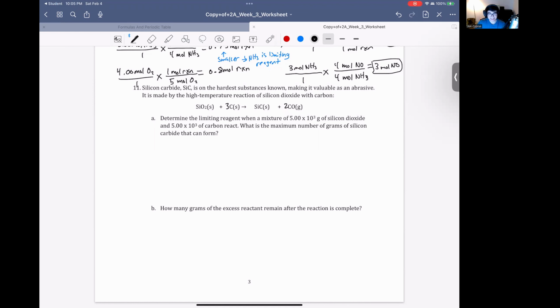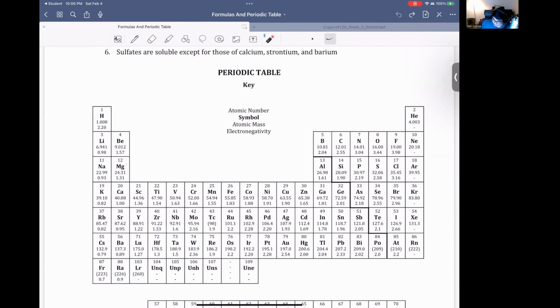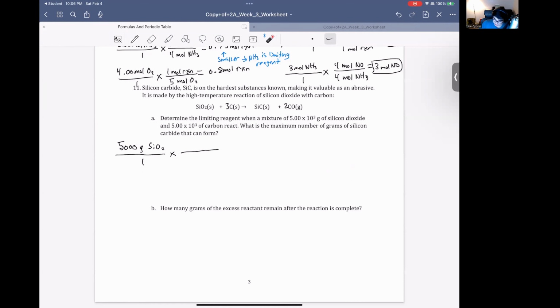So what we're going to do is first convert these to moles. This is 5.00 times 10 to the third. That's annoying. I'm just going to write 5,000. So 5,000 grams of silicon dioxide. And let's convert this to moles, right? So silicon dioxide, silicon weighs 28.09.